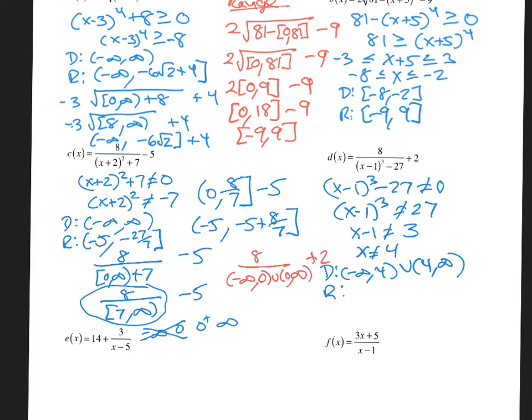Then I've got plus 2. So because of that, the only thing this fractional piece can't be, because I've got that 8 in the numerator, is 0. So I've got the range being negative infinity to 0, 0 to infinity, and then the plus 2. So that means this whole function can be anything but 2.